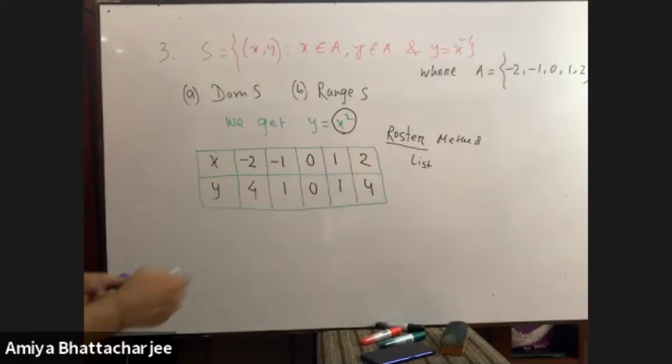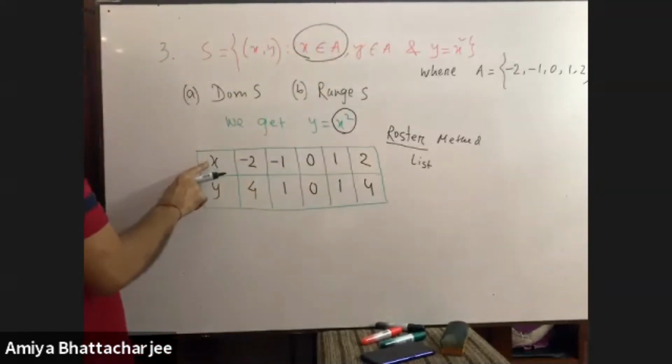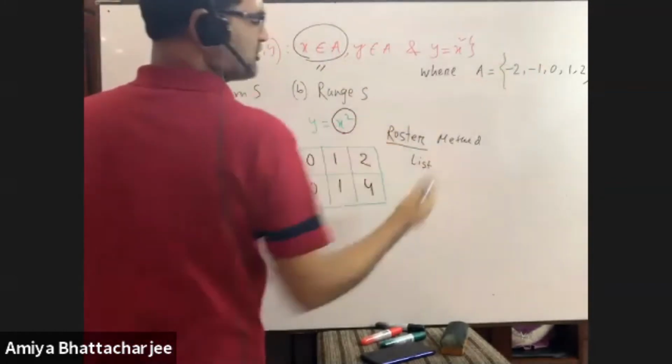Now, there is a condition in this question: x belongs to A. The values I have laid here for x all belong to A. A was -2, -1, 0, 1, 2.